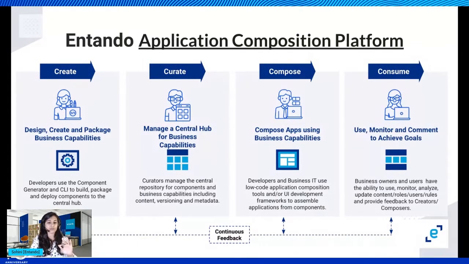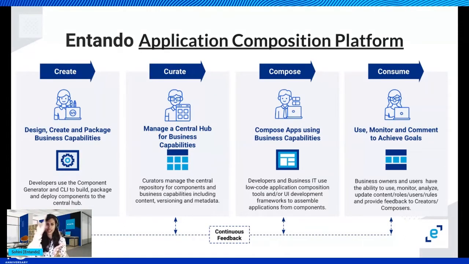So the first stage is create. In this stage of the process, developers create the building blocks that will become applications. These building blocks may be subcomponents, components, widgets, packaged business capabilities, or even full solutions. Then we move to the curation stage.